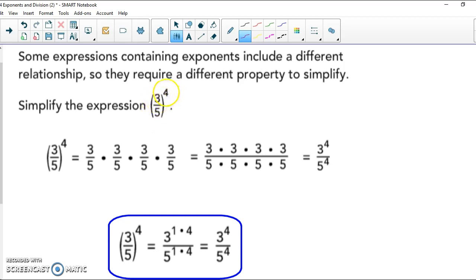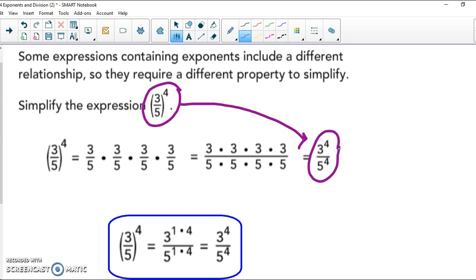What that means is that 3/5 is literally a factor 4 times. In other words, 3/5 times 3/5 times 3/5 times 3/5. So essentially, in my numerator, I have 3 to the 4th power, and in my denominator, I have 5 to the 4th power. So I could rewrite this expression as 3 to the 4th over 5 to the 4th.